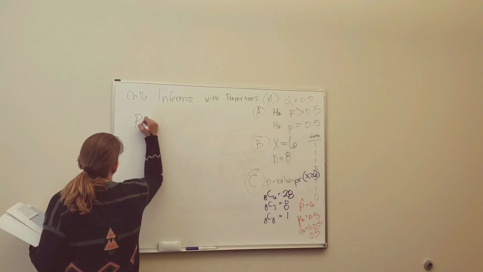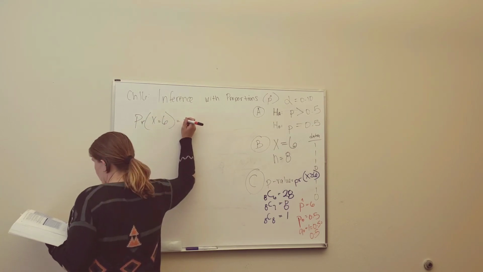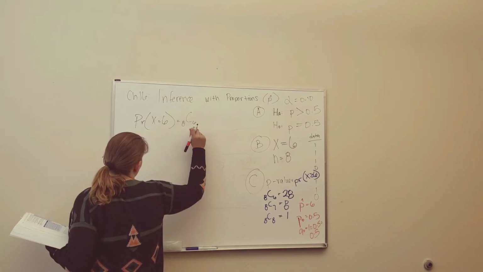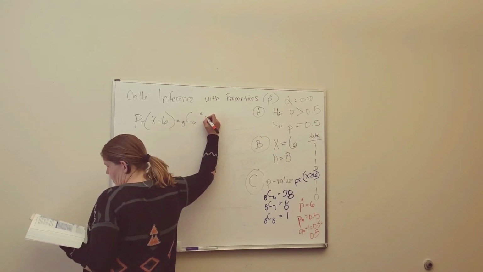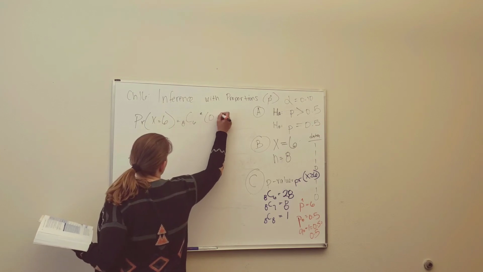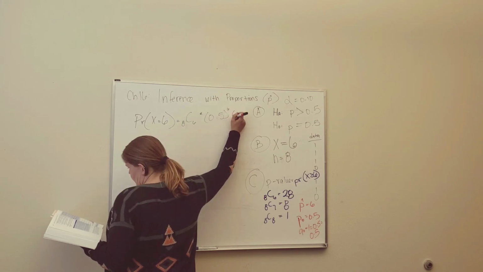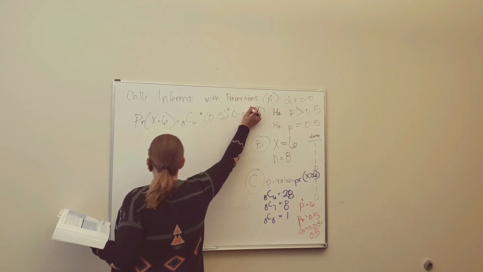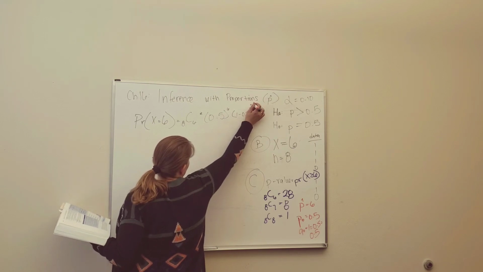So the probability of x equaling 6 equals the coefficient for the sample size of n equals 8, x equals 6, times our null hypothesis p raised to x, 6, times the inverse raised to 8 minus 6, or n minus x.